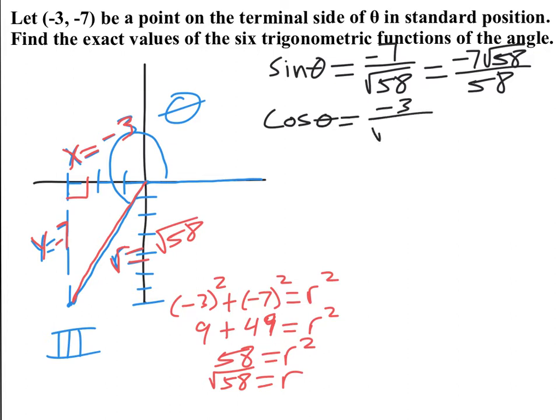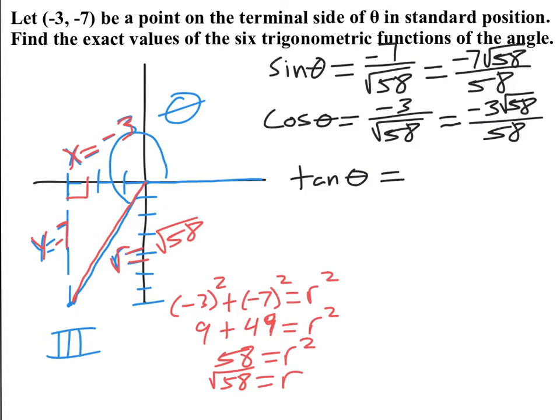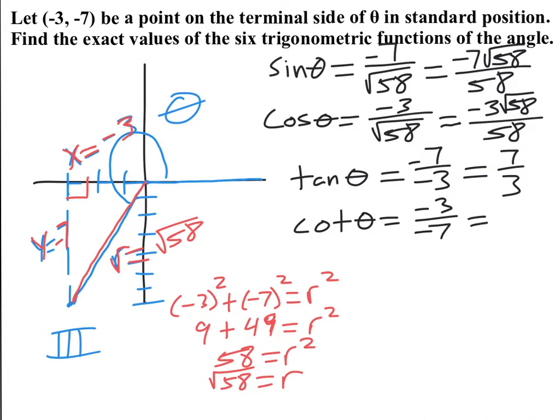Cosine would be x over r, or negative 3 square root 58 over 58. Tangent is y over x. Double negative, though, will go positive. Cotangent, that's just tangent flipped.